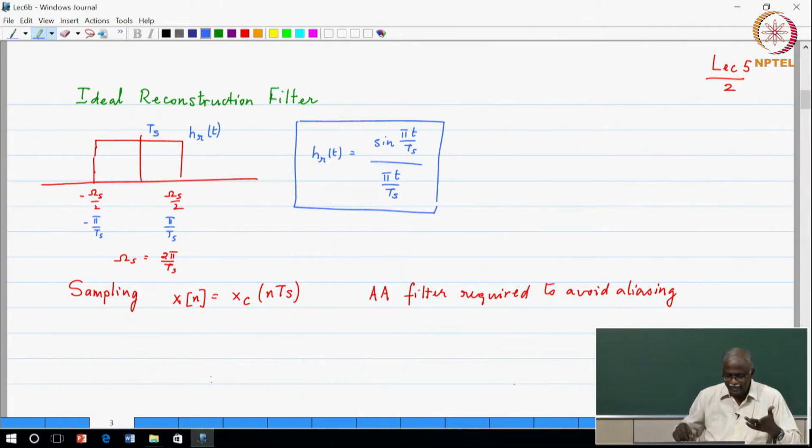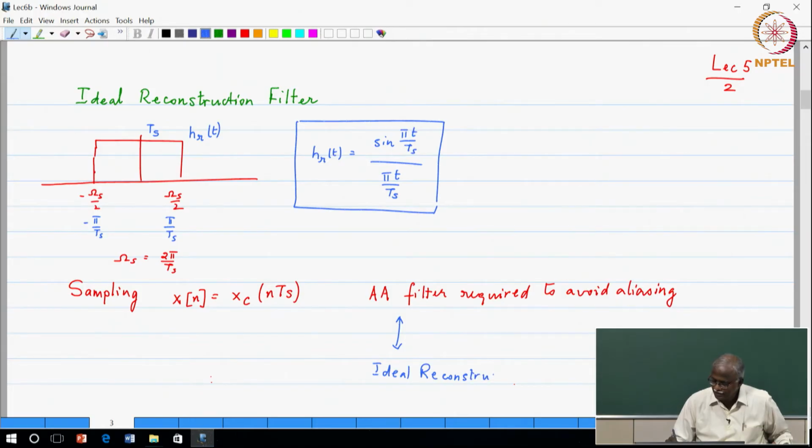So, in the ideal case, the anti-aliasing filter is linked to the ideal reconstruction filter. Both the process of sampling and reconstruction show similar requirements.